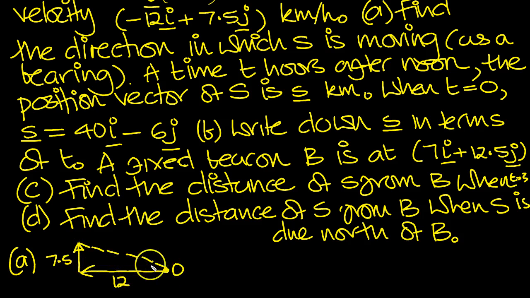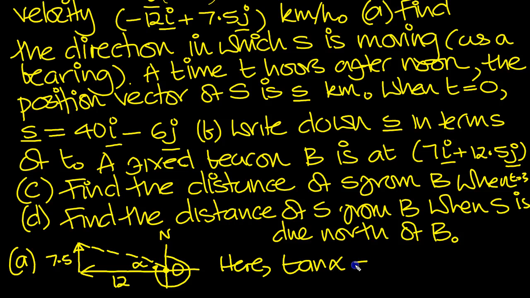And that's the direction. So the angle in question, if we think about this as our frame of reference, is from north. We're going around this much of an angle. So that's 90, 180, 270, and whatever this is. Let's label it alpha. So here, tan alpha is equal to the opposite, 7.5 over 12. So we just need to work out alpha.